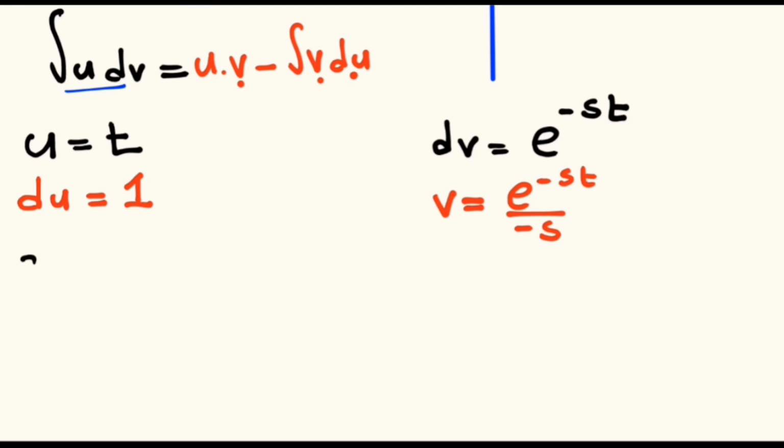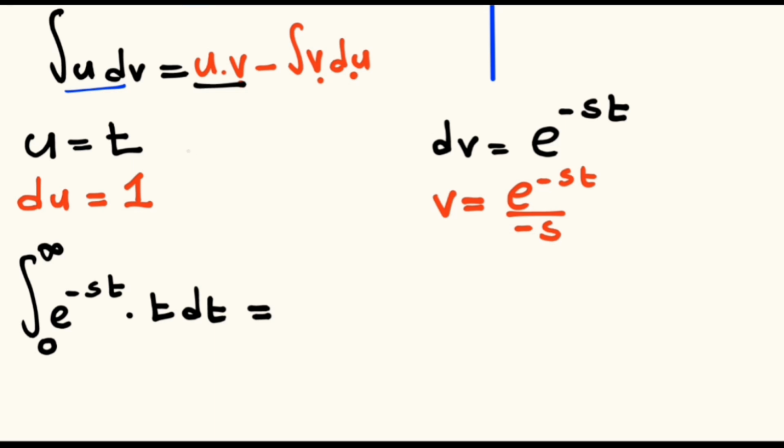And so the integral of e raised to the power negative st multiplied by t dt, and our integral is from 0 to infinity, will be equal to the u multiplied by the v.